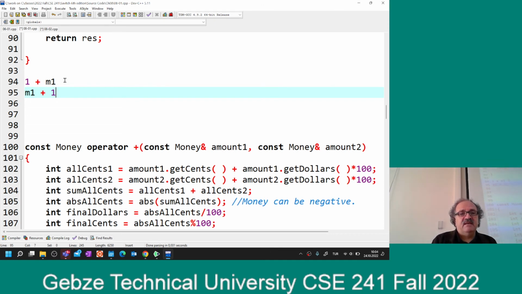So again, the plus operator with the global overload makes our job a little bit easier, and in this case, unfortunately, we will have to settle with the plus operator being overloaded as a global function, okay? We don't like it, but we have to do it.